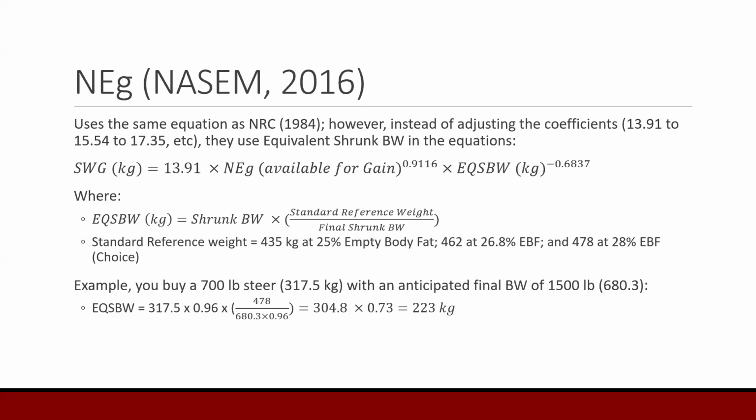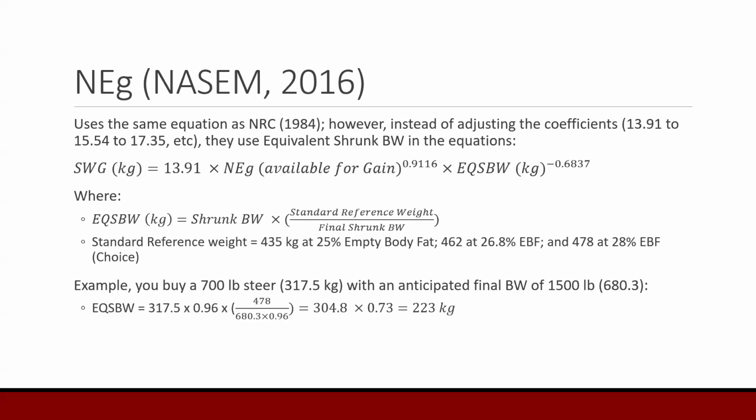Equivalent shrunk body weight, we calculate that as the average shrunk body weight within each feeding period that we have of interest, times standard reference weight. So standard reference weight is based off of the weight of the animals that were used to develop the equations.